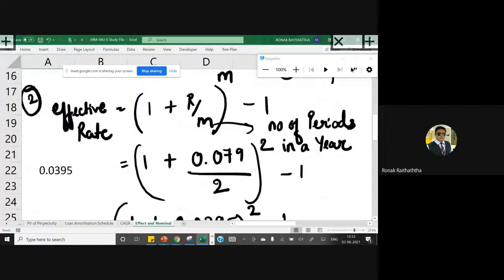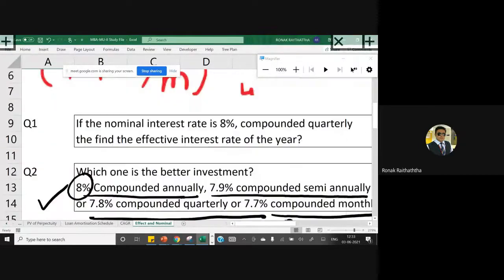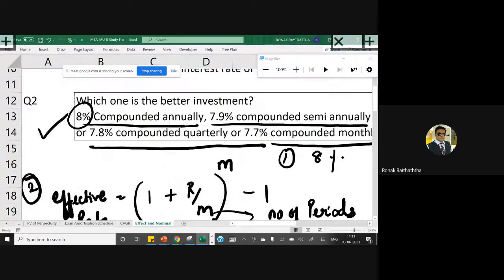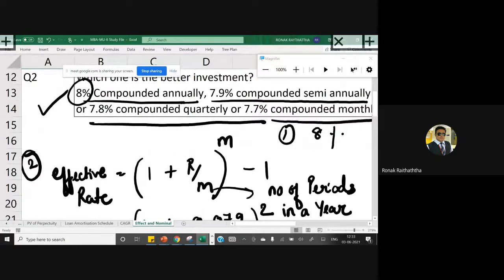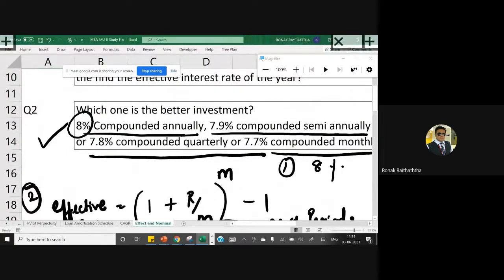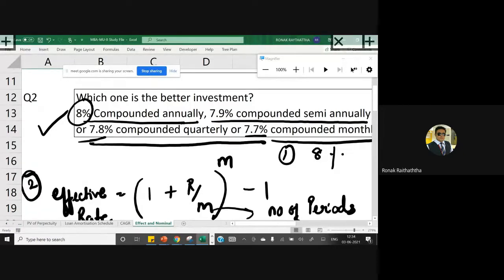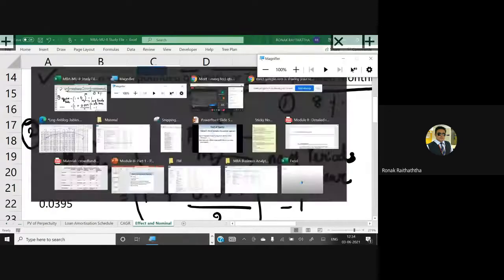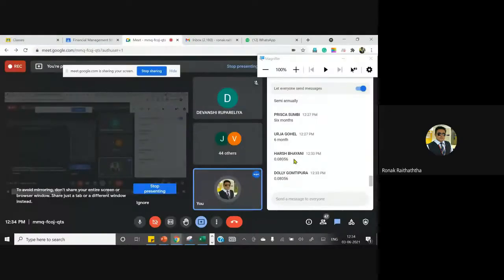So here the rate I have taken is 7.9. For the quarterly, you will take M as 4 and rate would be taken 7.8. And for the monthly, you will take M as 12 and rate would be taken 7.7. I'm giving you 2 minutes uninterrupted. You are supposed to tell me which one is the better investment for all. Two minutes uninterrupted to everyone.